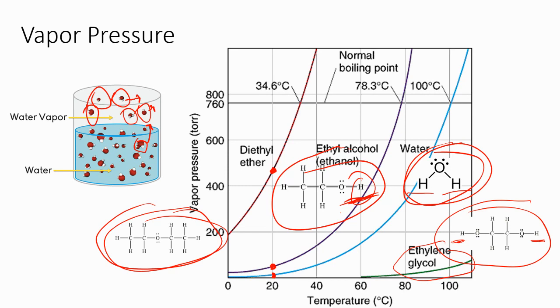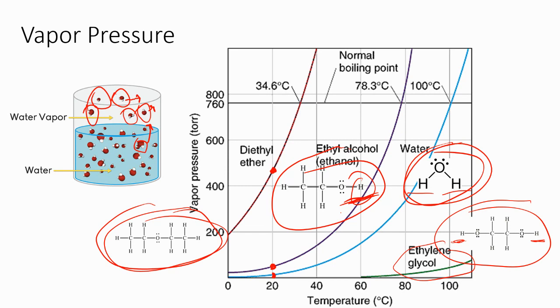One last thing on this before we call it good. Let's talk about why there is a temperature dependence when it comes to vapor pressure. If you look at just the ethanol curve, which is the second from the left, we see that the vapor pressure goes up as temperature goes up. That's true for all substances. Think about why that might be.